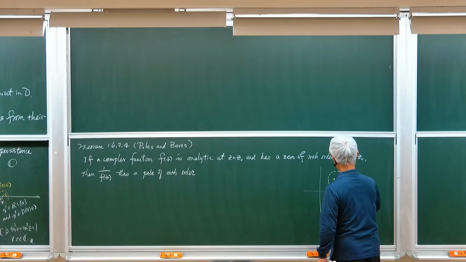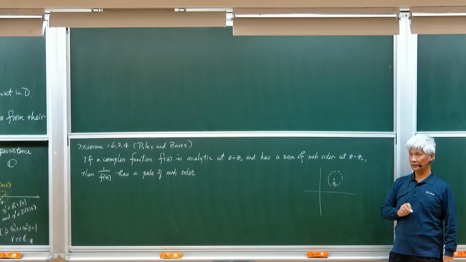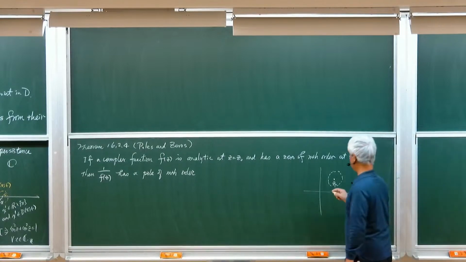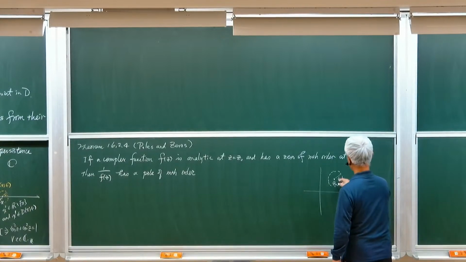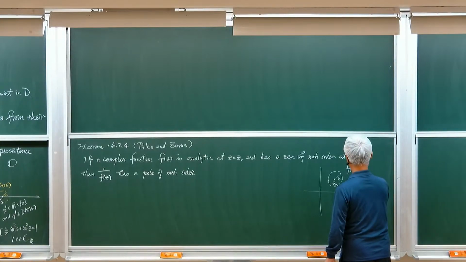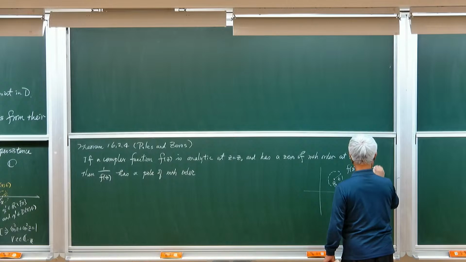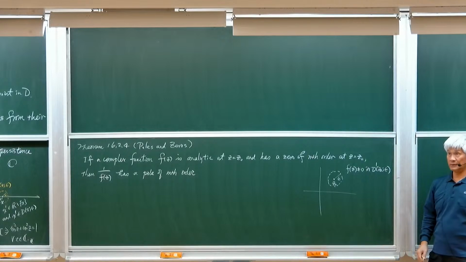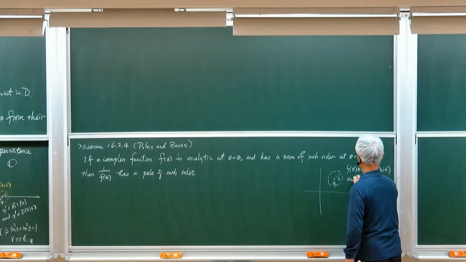Every zero of finite order is isolated, right? We have shown that. So they are isolated, so we can find a neighborhood where f(z) is not 0 in the punctured disk. And we know f(z0) is 0.